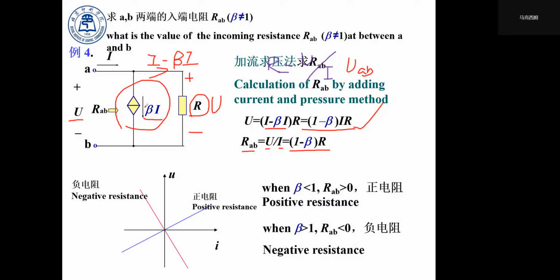And if you have a beta larger than 1, then we have a negative resistance. So then this network works like a source or battery. It provides you with power.